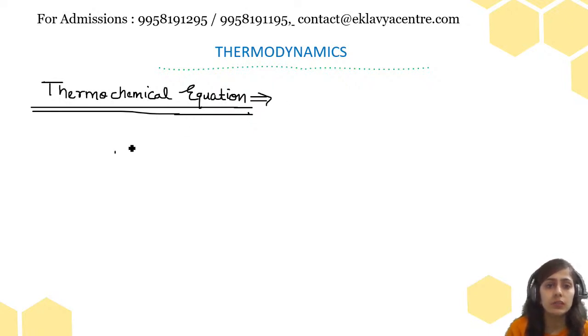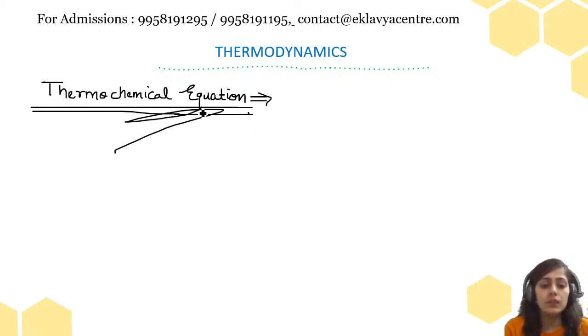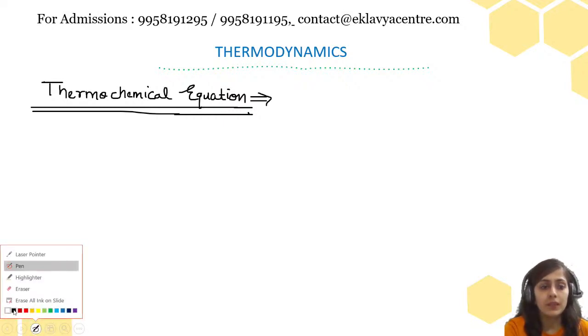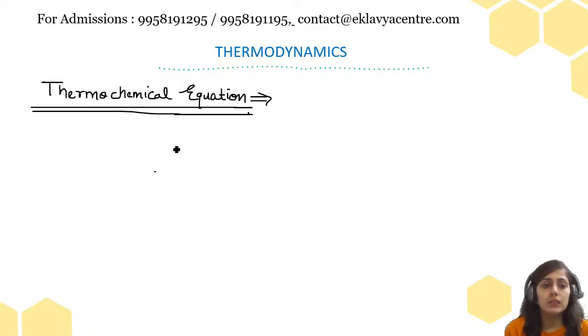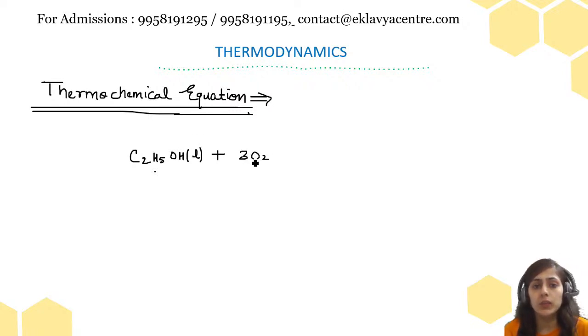Suppose we have this reaction: C2H5OH, that is alcohol in liquid state, reacts with O2 gas. We get twice of CO2 gas plus thrice of water, that is liquid.